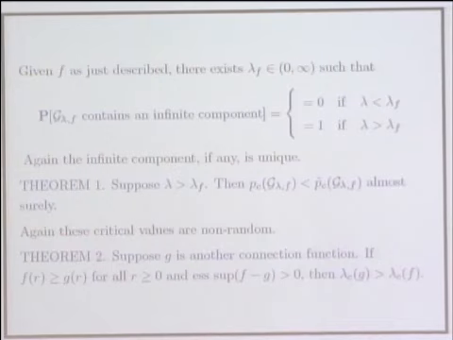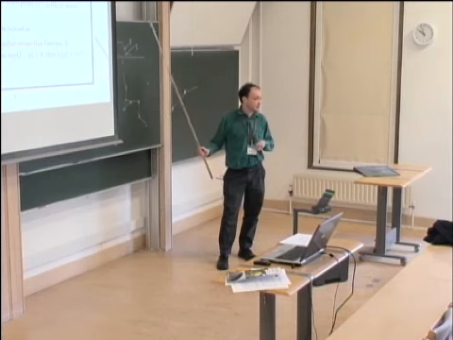So the connection function g is less than or equal to f everywhere, and strictly less than f somewhere. Then there's some easy coupling to show that lambda c of g is greater than or equal to lambda c of f.